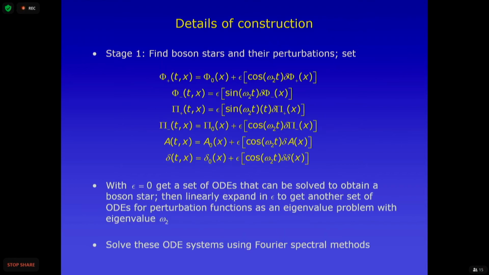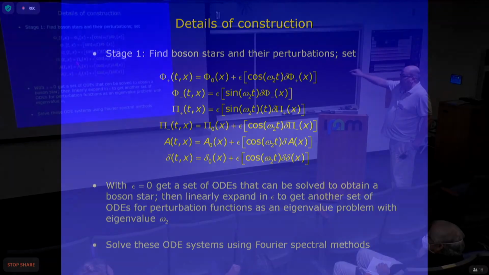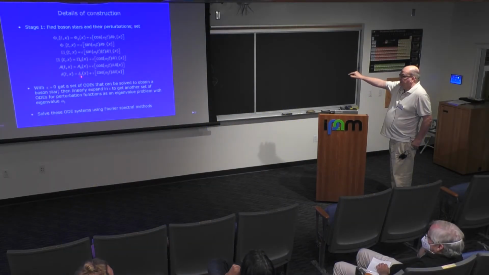So the first stage of the construction is to find the boson stars and their perturbations. So we set everything equal to some base function. For example, phi is phi naught plus epsilon times something that's going like cos omega 2 t times another function, delta phi plus of x. And similarly for phi minus, pi plus, pi minus, where the cosines and sines just come from an investigation of the equations of motion. And for the metric functions, similar expansions.